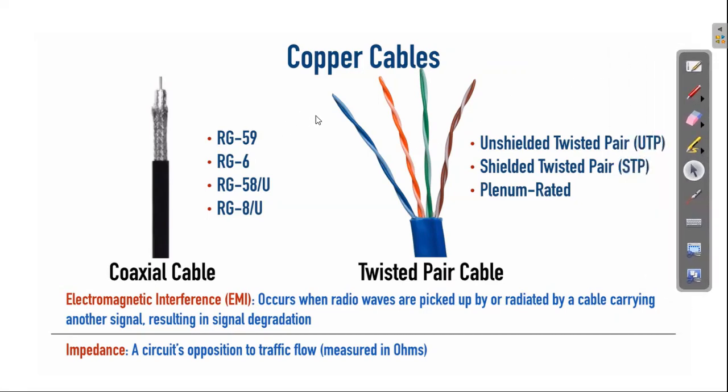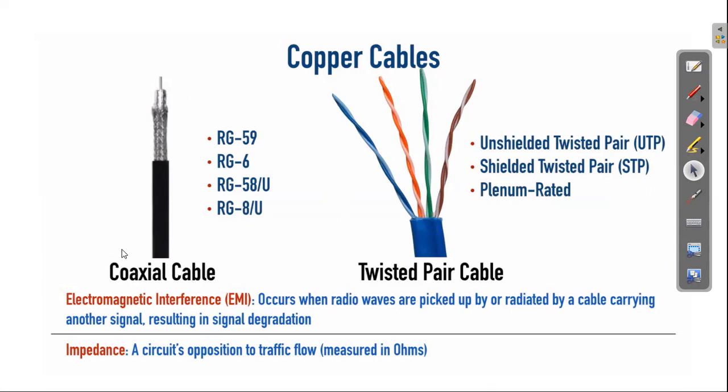Right. Let me explain the copper cable first. The types of cables coming under copper cable are unshielded twisted pair UTP, shielded twisted pair STP, and plenum braided. These two are very famous, right? Twisted pair cables. This is coaxial cable.